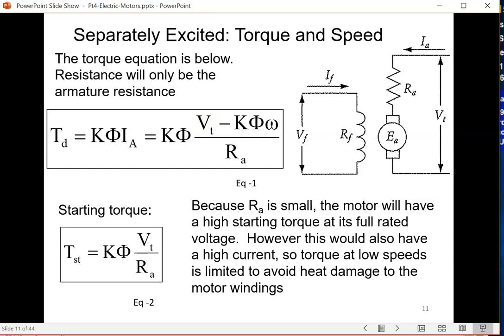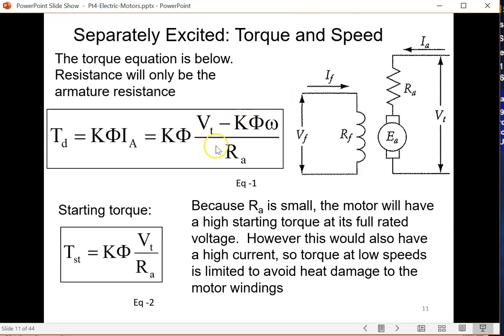One of the things people often quote on a data sheet for an actual machine is a starting torque. Starting torque is the torque produced when the speed is 0, just before the motor starts to rotate.